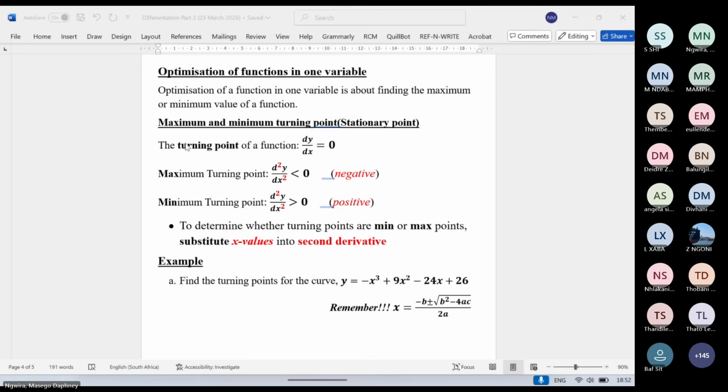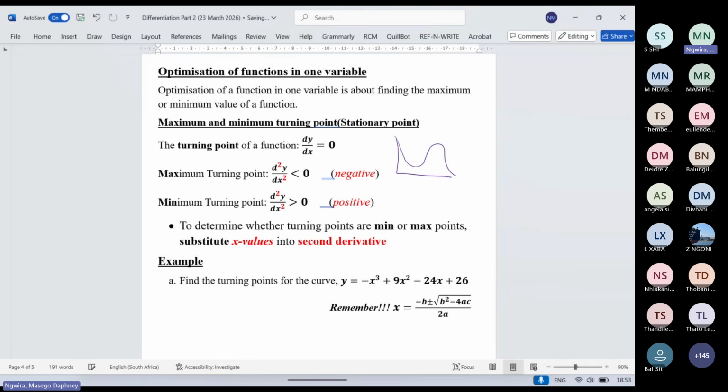Every time they say a turning point, it's either a turning point or a stationary point. Now we are talking about a graph that has two turning points. We are used to a graph that has one turning point, maybe it looks something like this, or it's facing down. Now we're going to be doing the graph that can turn 2 times.